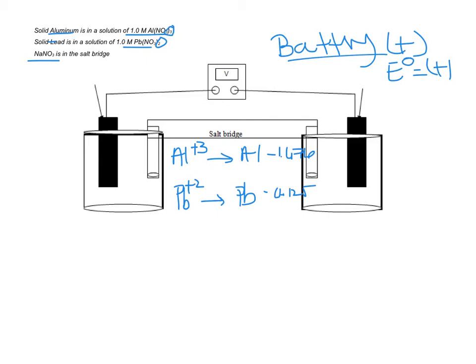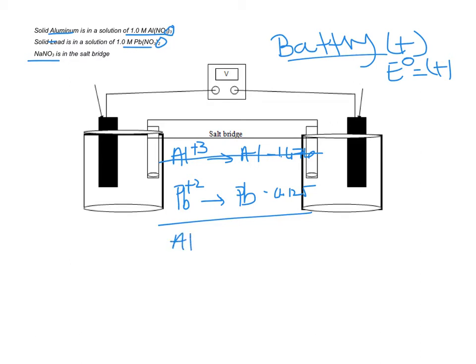And so if you write down both of your E's, flip the most negative one, because you ultimately want your E to come out positive. And so because aluminum is so negative, it really doesn't like to be reduced, then let's have aluminum be oxidized.